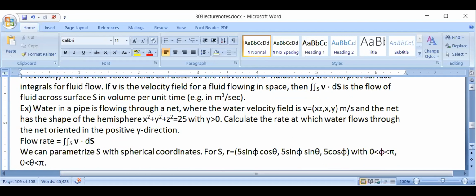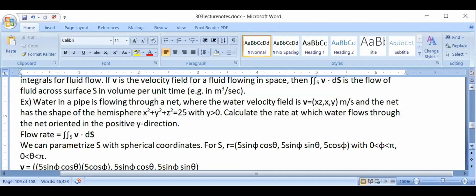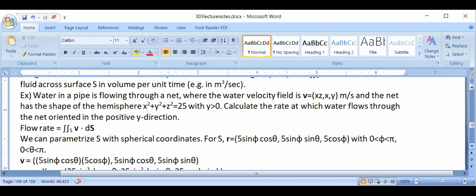Okay, so now we need to calculate our two tangent vectors, and we need to parameterize everything. Writing our vector field V parametrically, just plugging in, we get velocity field V equals 5 sine phi cos theta times 5 cos phi, comma 5 sine phi cos theta, comma 5 sine phi sine theta.